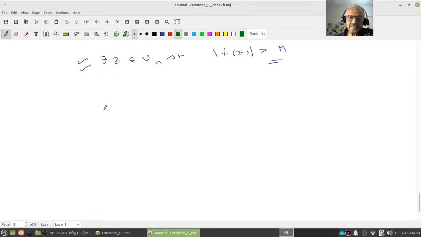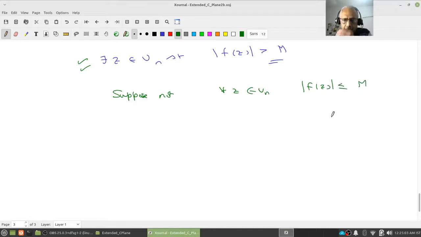How do I prove there exists z in U_n? Suppose not, then for every z in U_n, mod f(z) is less than or equal to M. Now what is U_n complement? That is B(0,n).